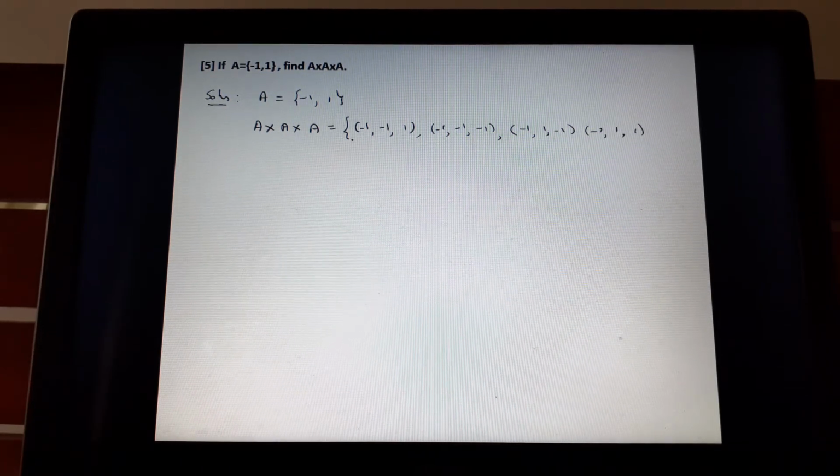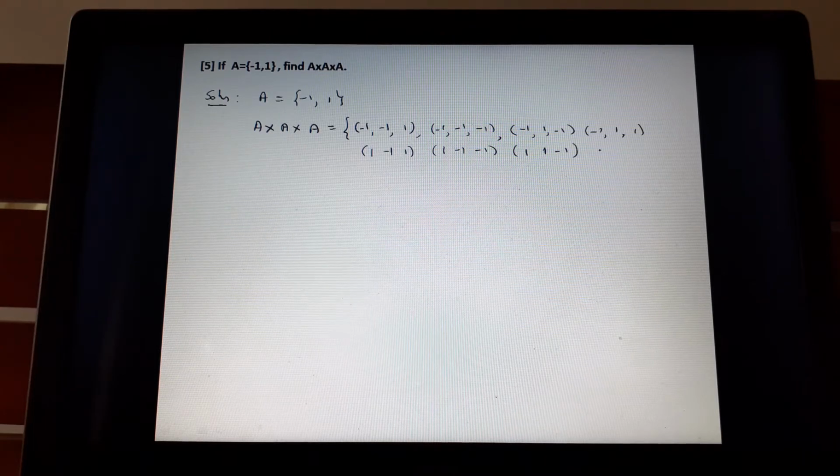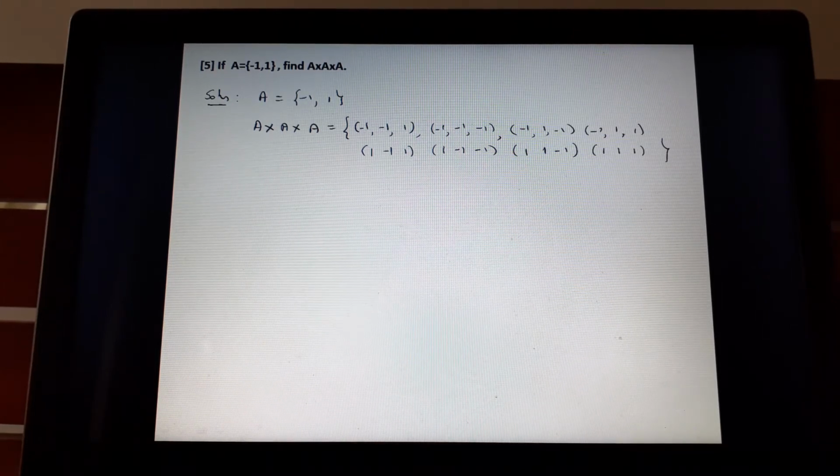Next, see here the difficulty is you have to take all possible cases. So similarly here, now I will take 1 as the first element, then 1, minus 1, minus 1, then 1, 1, minus 1, and then 1, 1, 1. Now it exhausts all the possibilities.